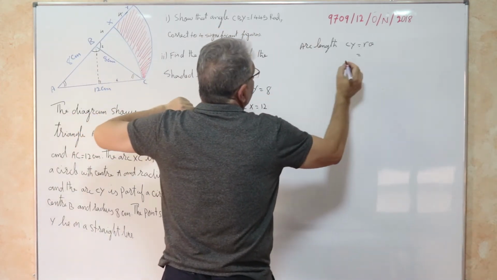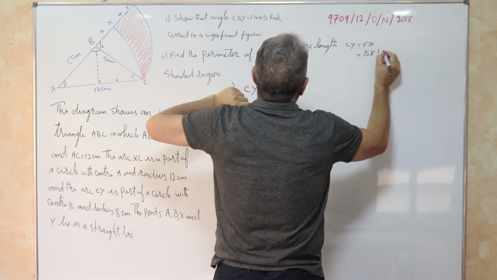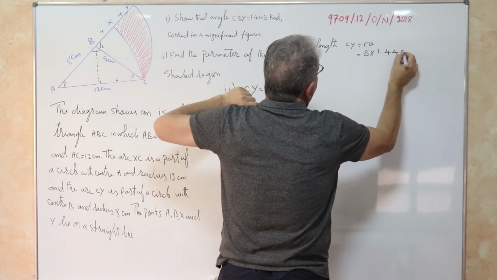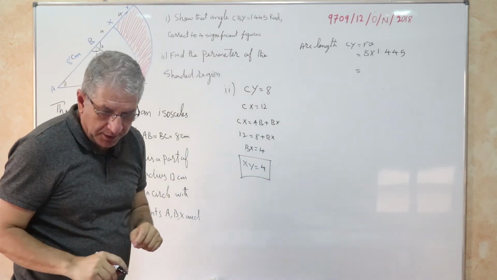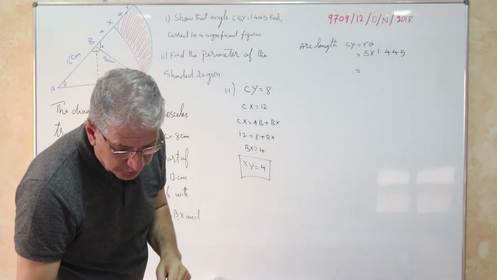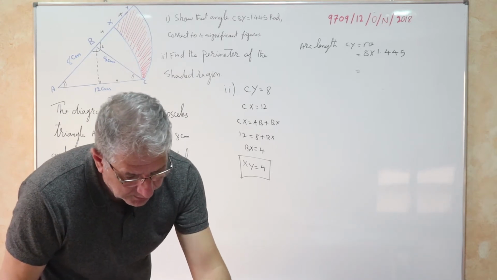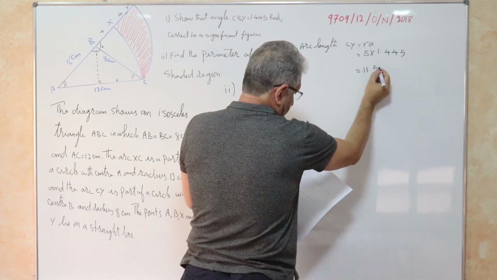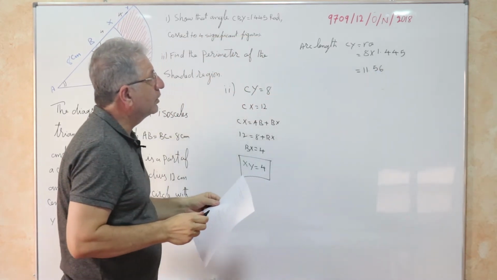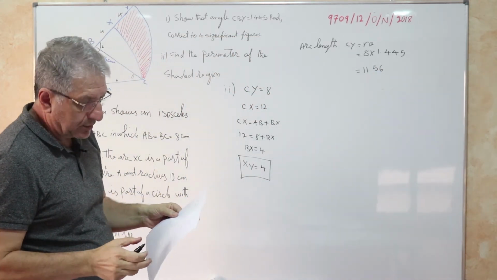R is 8. Therefore, 8 times 1.445. Now, if you multiply this, we are going to get 11.56. Therefore, we got CY.